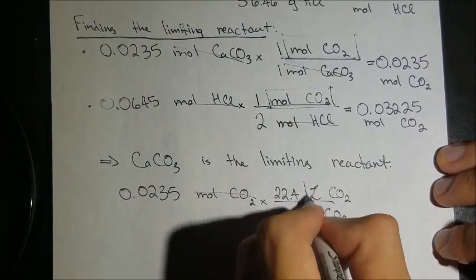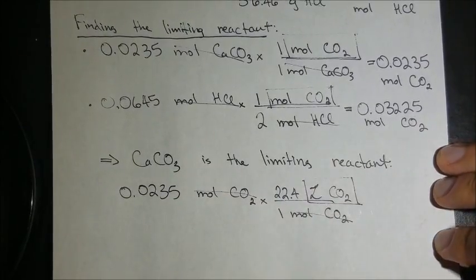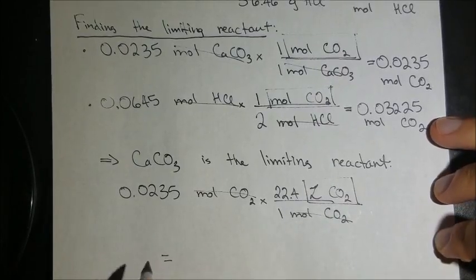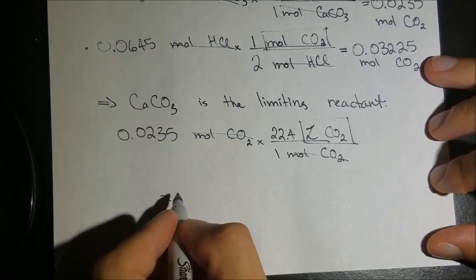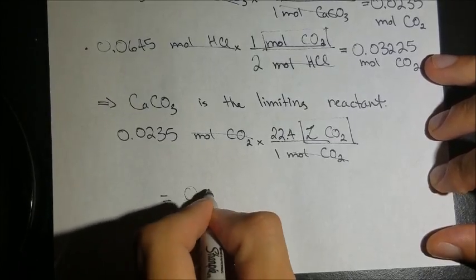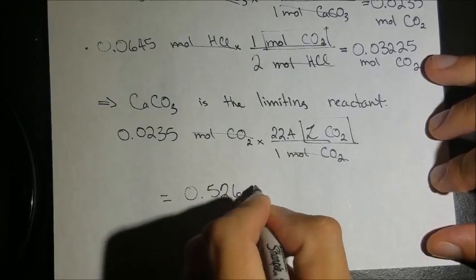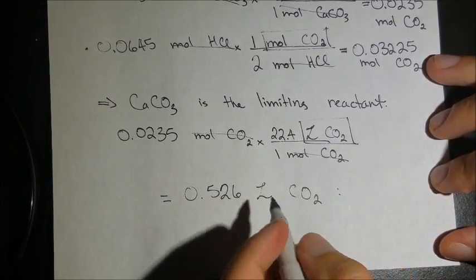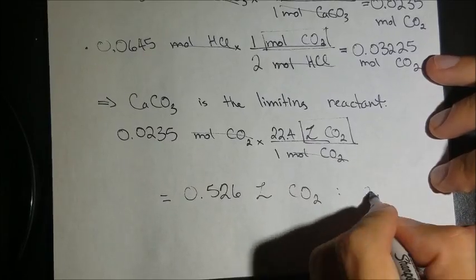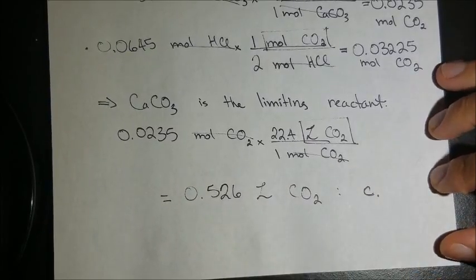Moles of CO2 cancel, and we are in liters of CO2. And when we do this, we will find that we made enough CO2 to take up 0.526 liters. And that corresponds to C. So the right answer for number 2 is C.